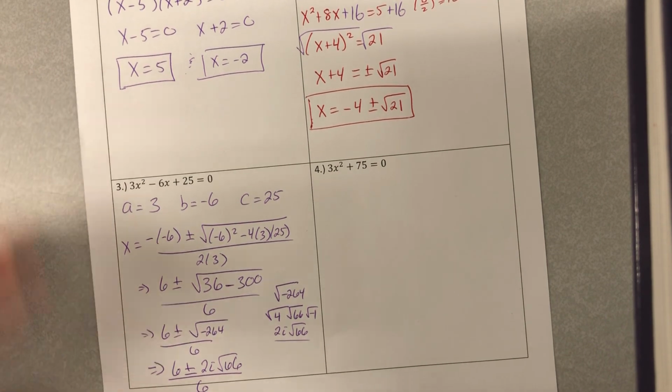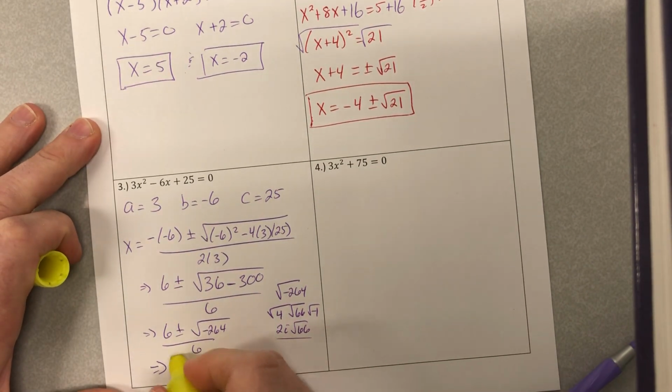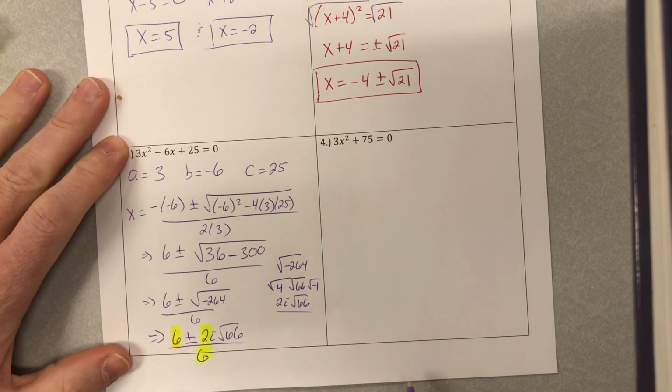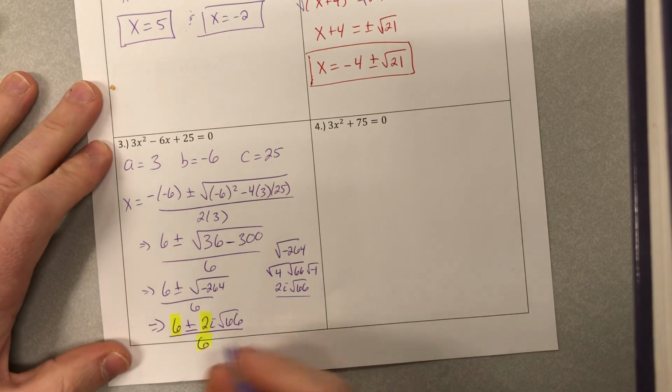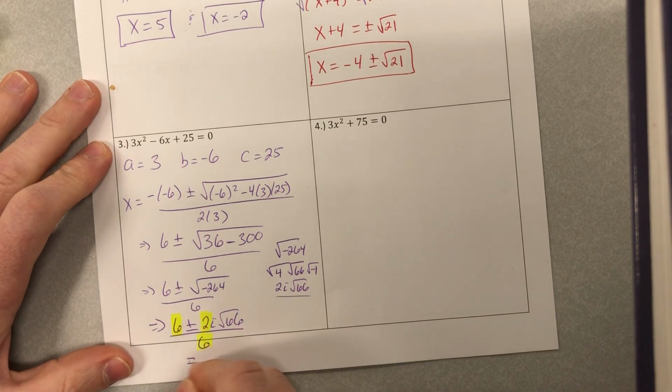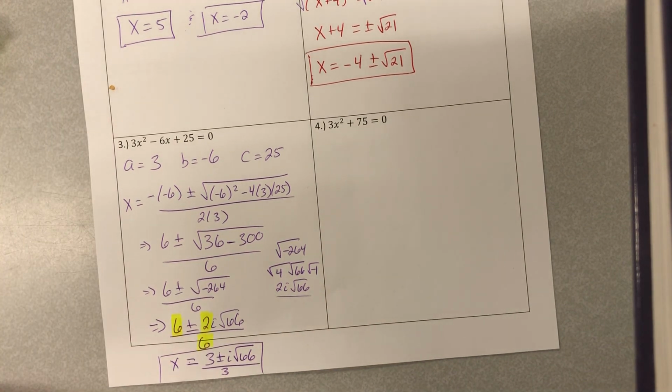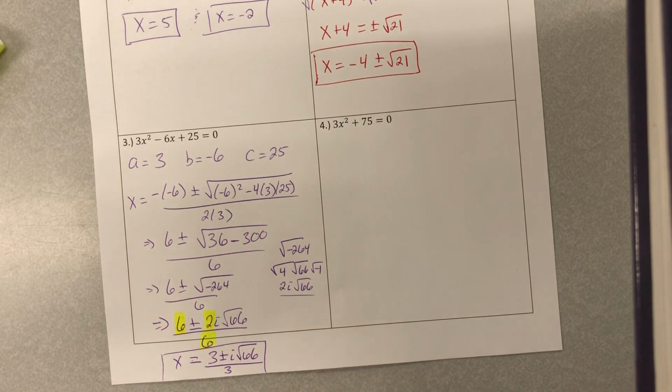Now, when we go through, we notice that the 6, the 2, and the 6 all have a 2 in common. So we can simplify this even further and say x equals 3 plus or minus i times the square root of 66, all over 3. So that will be our answer to number 3.